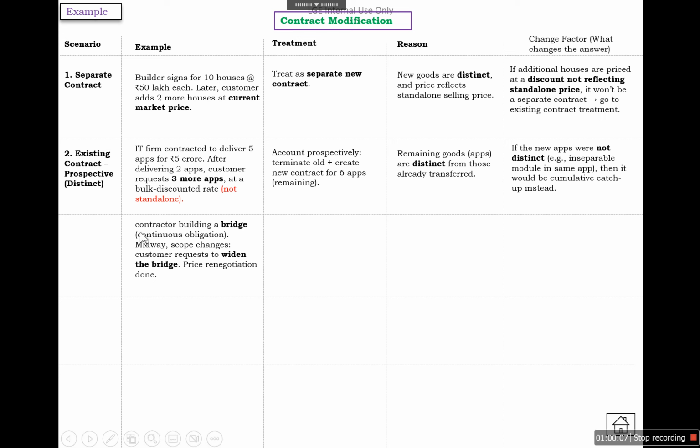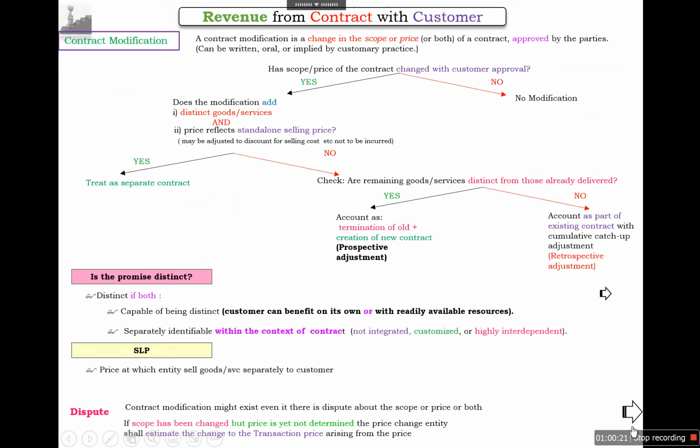So next is the contractor building a bridge, and midway the scope changes. The customer requests to widen the bridge and price renegotiations are done. So let's check our decision tree: yes, there is a modification, it is approved, is it distinct goods or services? For this purpose, we need to check whether it is capable of being distinct, whether the customer can benefit on its own with readily available services.